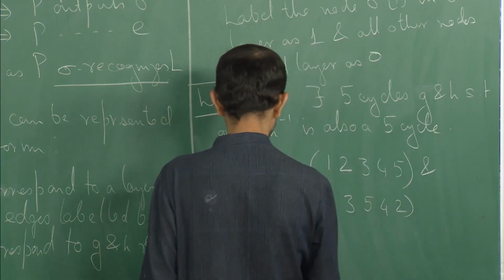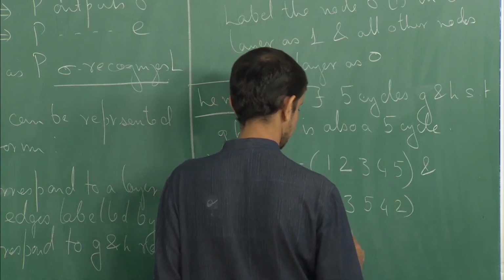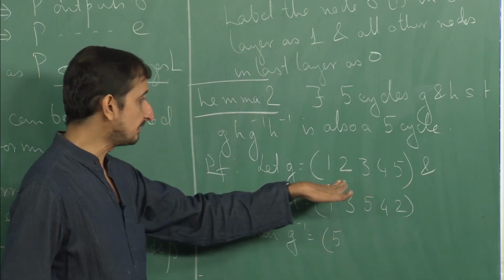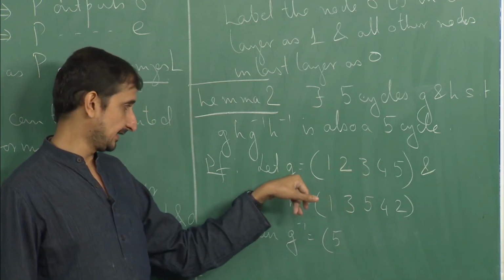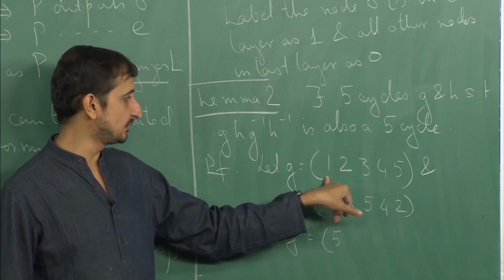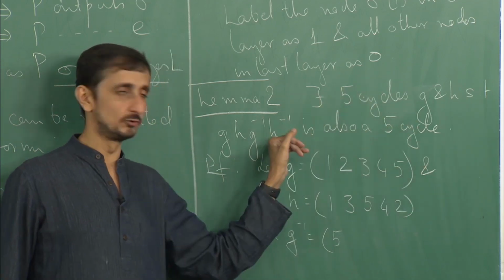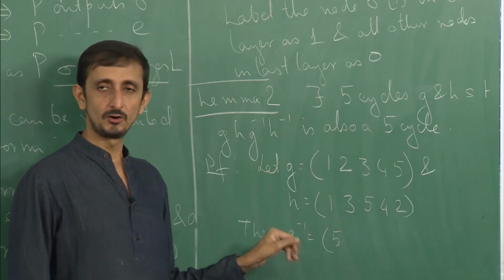So, then, this notation just means that in this permutation G, 1 goes to 2, 2 goes to 3, 3 goes to 4, 4 goes to 5, and 5 goes to 1. Here 1 to 3, 3 to 5, 5 to 4, 4 to 2, and 2 to 1.